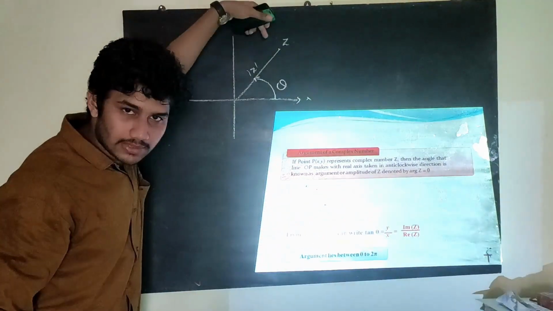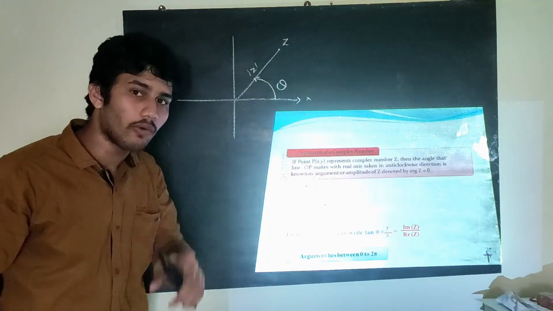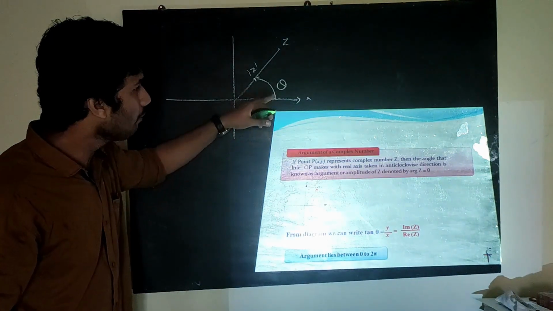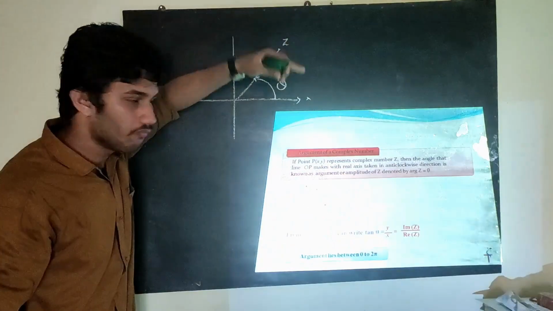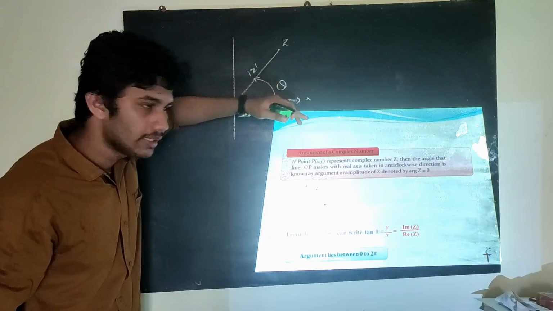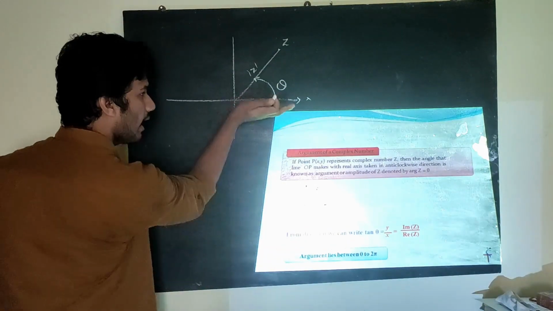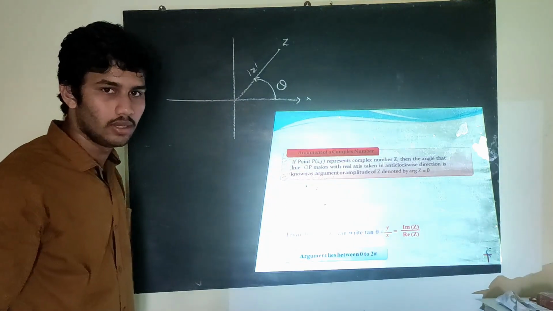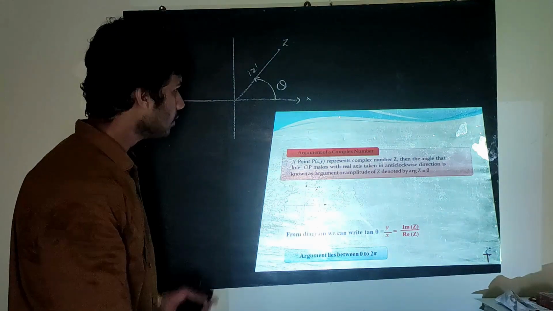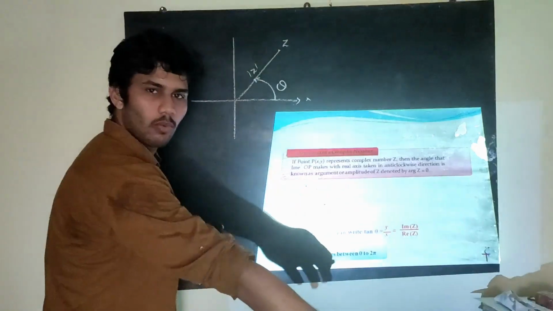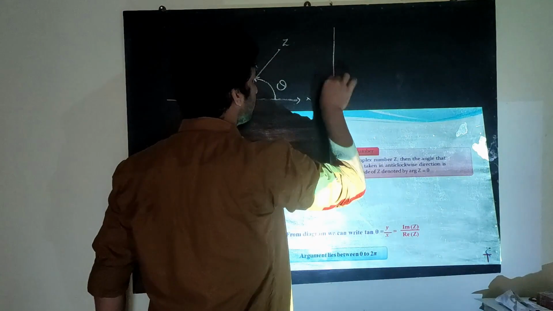This is my complex number z. Argument of z is the angle made by z with the positive real axis in the anti-clockwise direction, and not in the clockwise, it's in the anti-clockwise direction. Please do remember that.